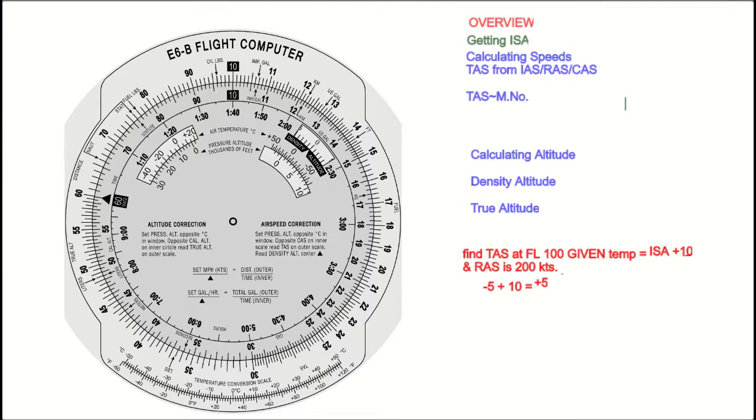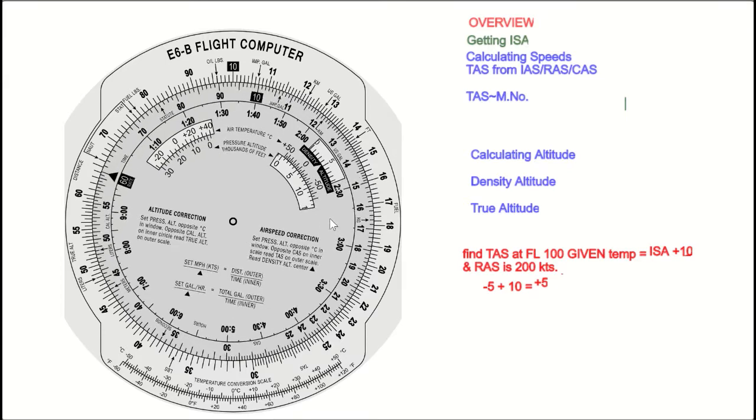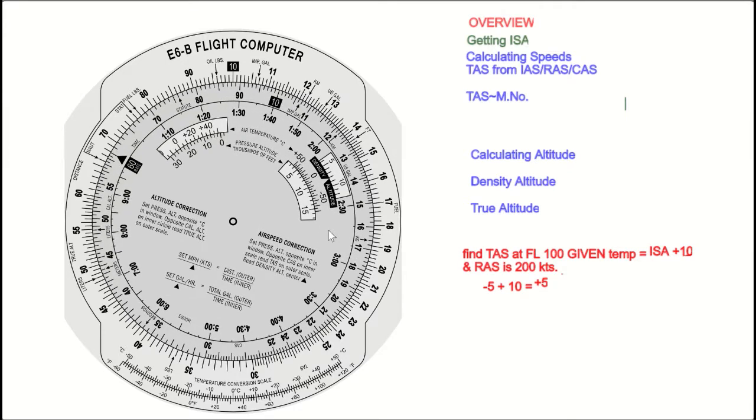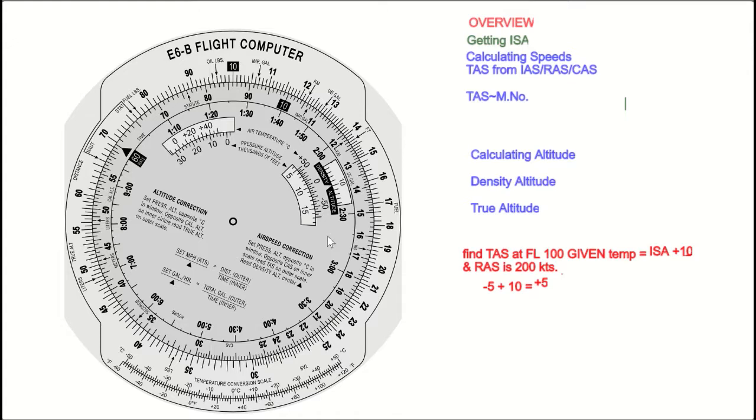So I found out that flight level 100 temperature is plus 5. So now what do I do? At 100 I will set the temperature at plus 5 here. And now I read the same 200 knots. 200 knots is here, and now this is reading 232 knots.